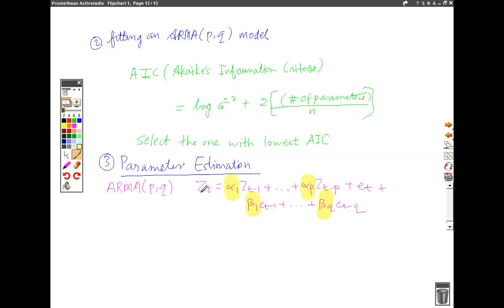You can also put alpha 0 here and beta 0 here, which of course take the value 1. But these are the parameters that we now have to estimate.